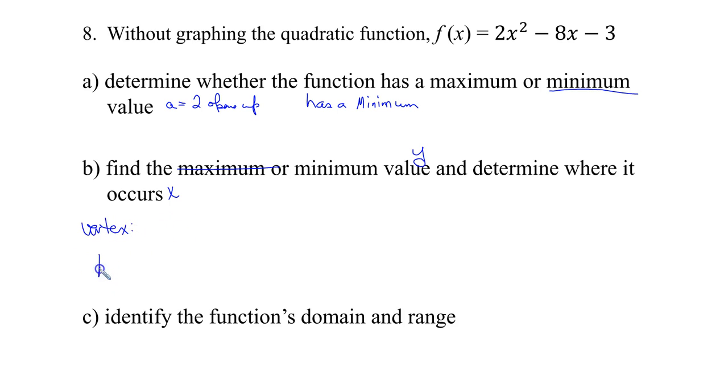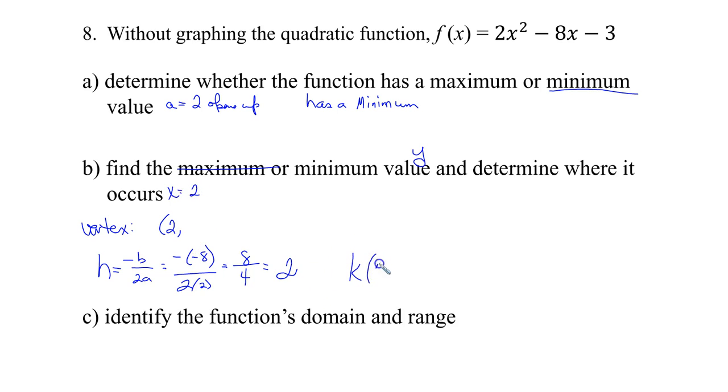So the vertex is, once again, negative b over 2a. So it's the opposite of negative 8 over 2 times 2. So I'm going to have a positive 8 over 4, or an x value of 2, right? So it occurs at x is equal to 2. We can even write it like that.